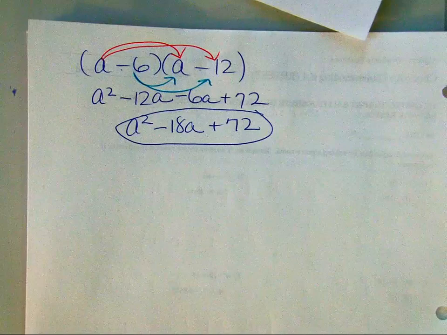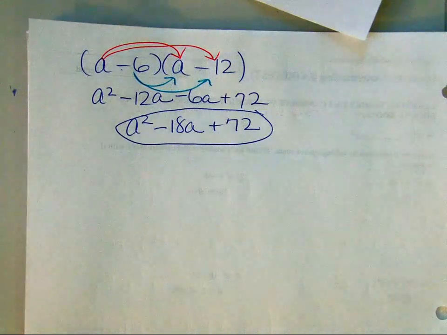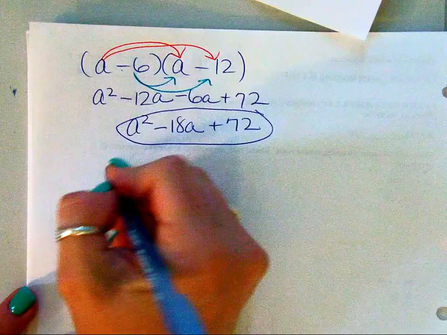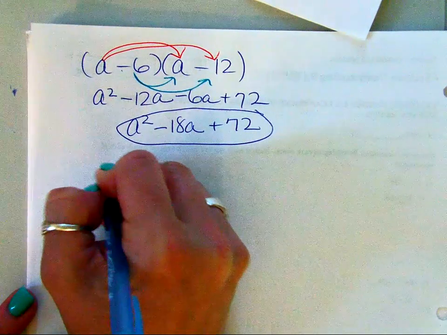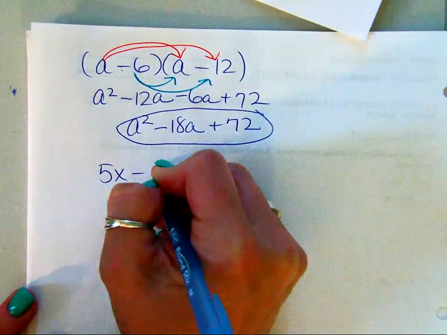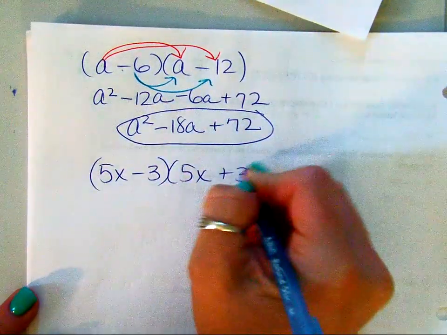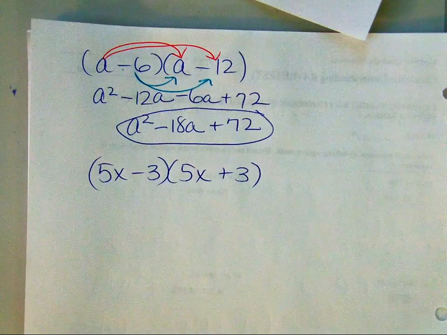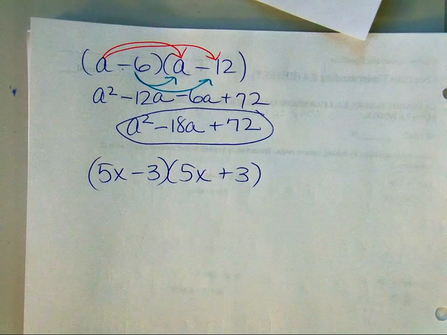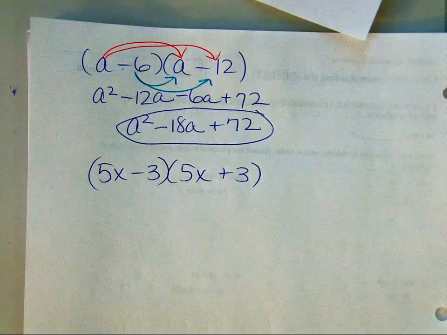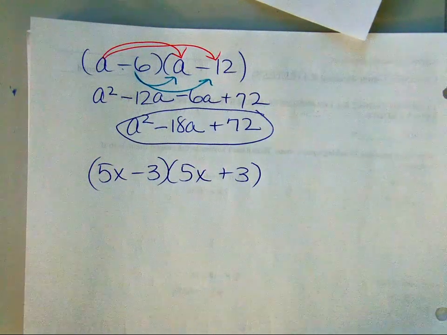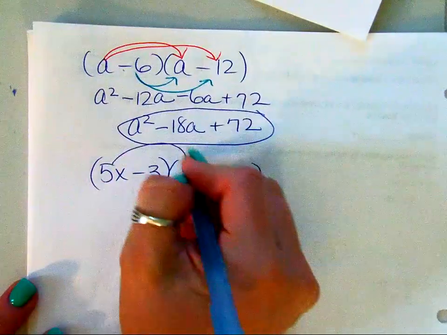What do you think is going to happen here? 5x minus 3 times a 5x plus 3. Man, they look pretty close. One's got a plus, one's got a minus. Otherwise, they're identical. Let's see what weird thing happens here. 5x times 5x. Hey, that's a square number, right?